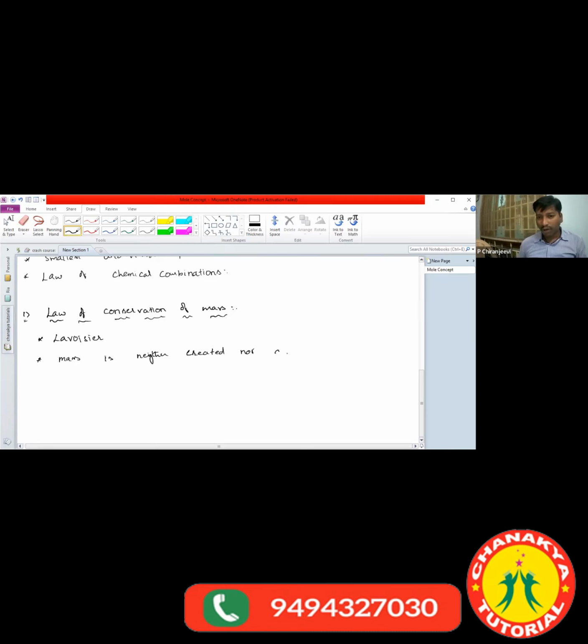We can write another statement also: the total mass of the reactants is equal to the total mass of the products.